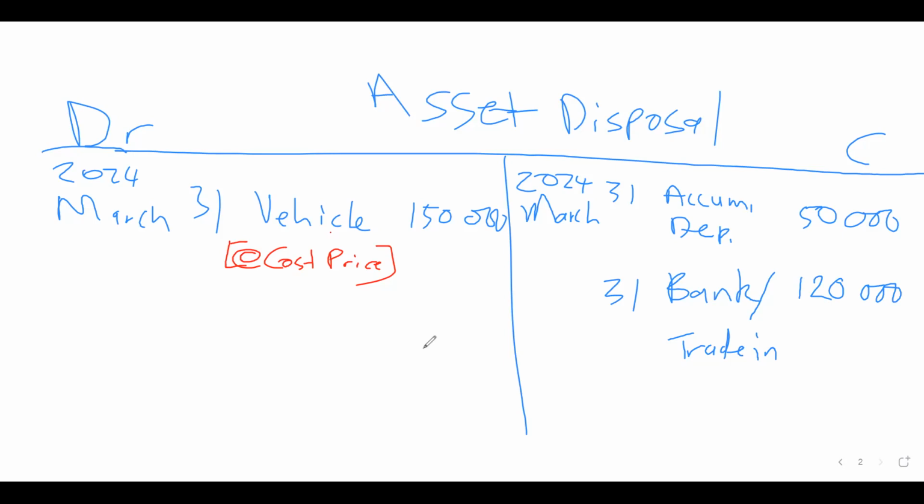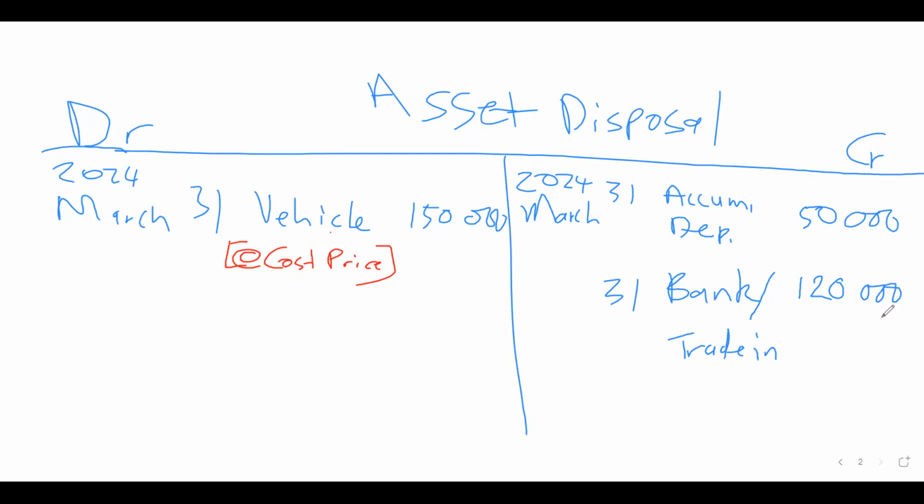So this is where you need to understand me well. With the asset disposal, if the credit side is bigger than the debit side, it means there is a profit on sale of a vehicle.